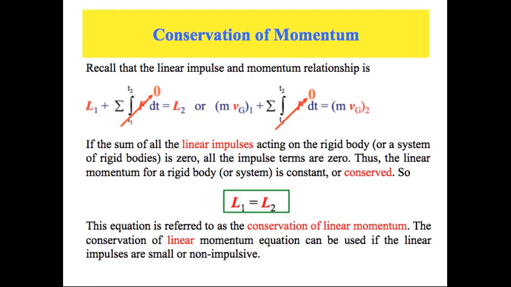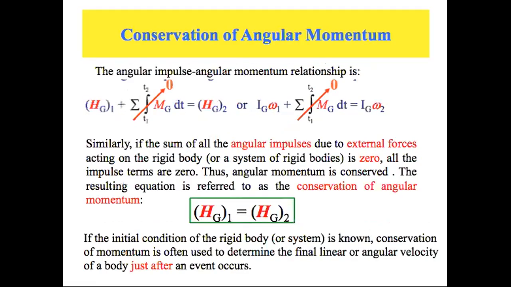This equation is referred to as the conservation of linear momentum. It can be used if the linear impulses are small or non-impulsive. For example, when we have a collision or impact, we can use conservation of momentum or conservation of angular momentum.